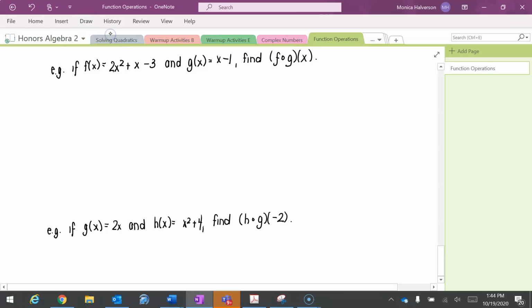Okay, so for this one, we're plugging g into f of x. So this entire quantity of x minus 1 is going to be plugged into that x value and that x value. So f composed of g equals 2 times x minus 1 squared plus x minus 1 minus 3. So we're going to have to FOIL out the x minus 1's.